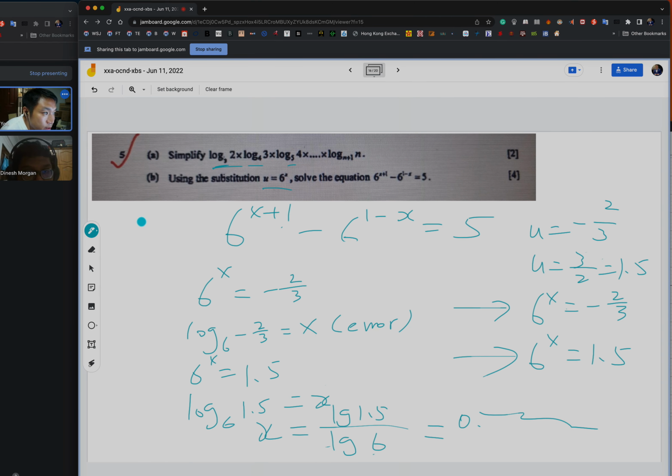So if you get this, it is log 2 over log 3, right? The last one is log n over log n plus 1, right? So therefore you don't have these two. You only have these two left. It's okay. You don't have to, because no matter what, they will cancel. Do you not see what I have done just now?